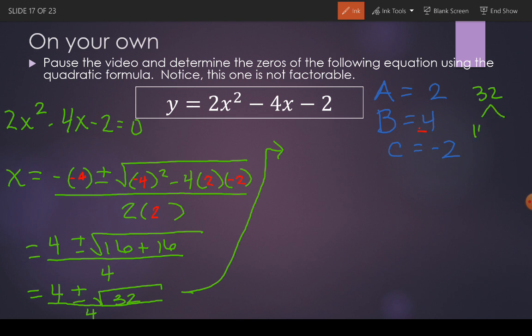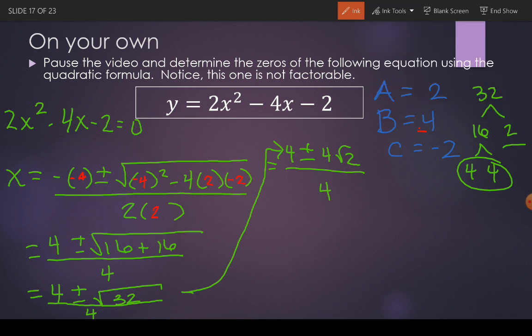We can break it down into 16 and 2, which breaks down into 4 times 4. So we have a pair here and 1 left. So we'll simplify this to 4 plus or minus 4 root 2 all over 4.